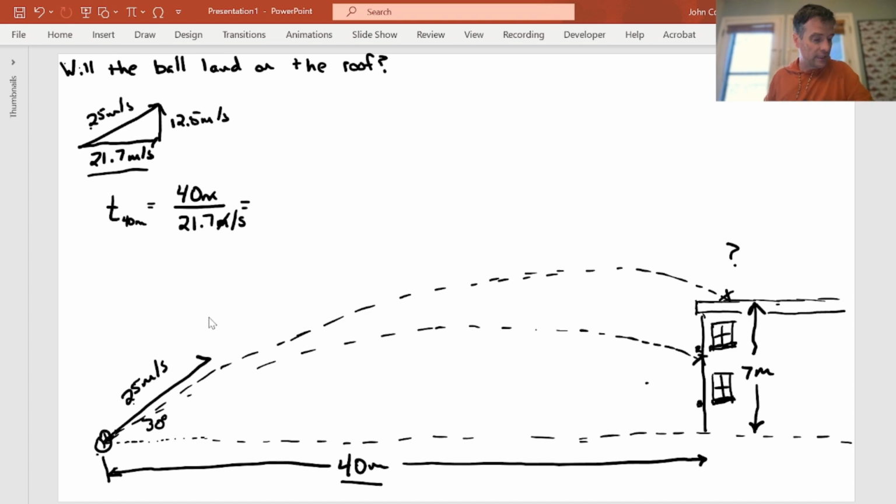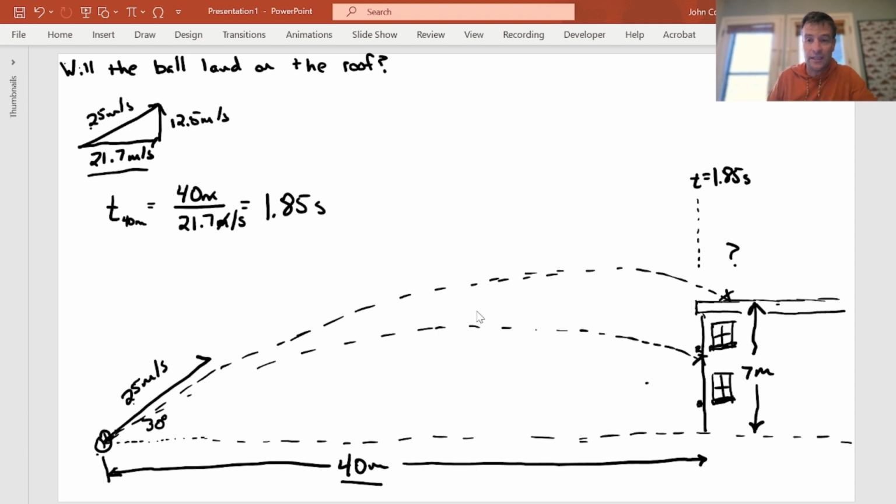And that result is 1.85 seconds. Just a note, I used 21.7 as a rounded value, and in my calculator I use the exact value that I got when I did 25 times the cosine of 30, and this itself is a rounded value. So what that means is it's going to reach this plane at a time of 1.85 seconds.